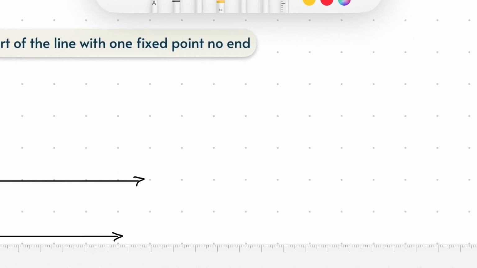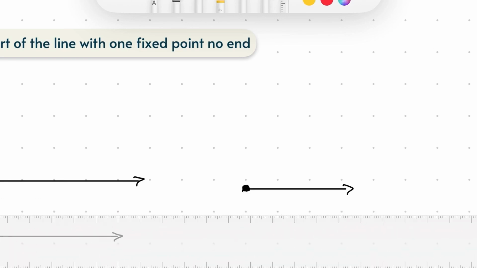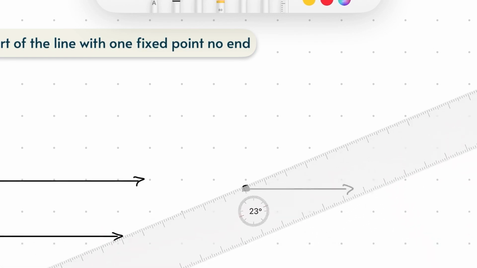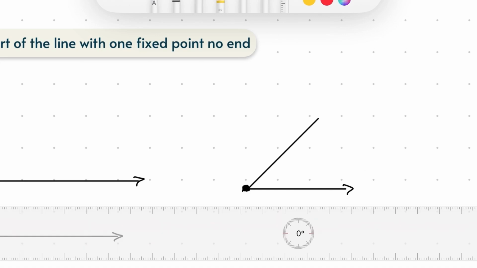Well, think about it. Every single angle is constructed out of two rays. The start point is called the vertex, and there is no endpoint. So for example, if I constructed an acute angle, then one of the rays would look like that, and the other ray would look like that.